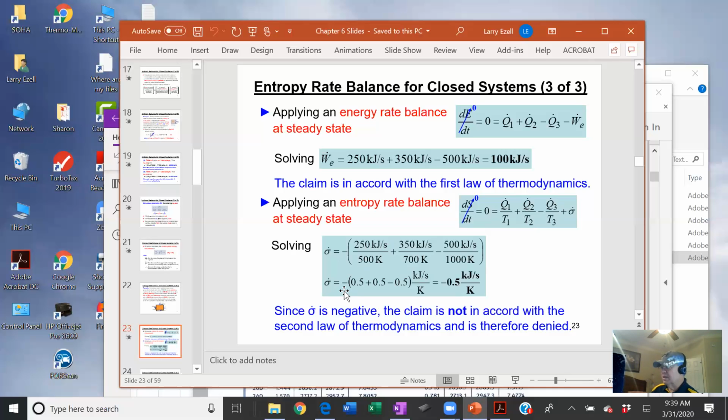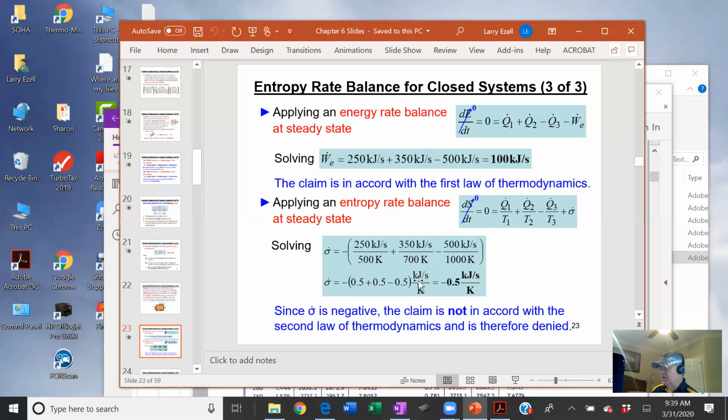So we're actually decreasing entropy. We're pulling entropy in somehow. And as we know, the second law says you cannot decrease entropy in a thermodynamic process other than by heat transfer, by the way. But if you add up all the heat transfers, some of these increase entropy, some of them decrease.